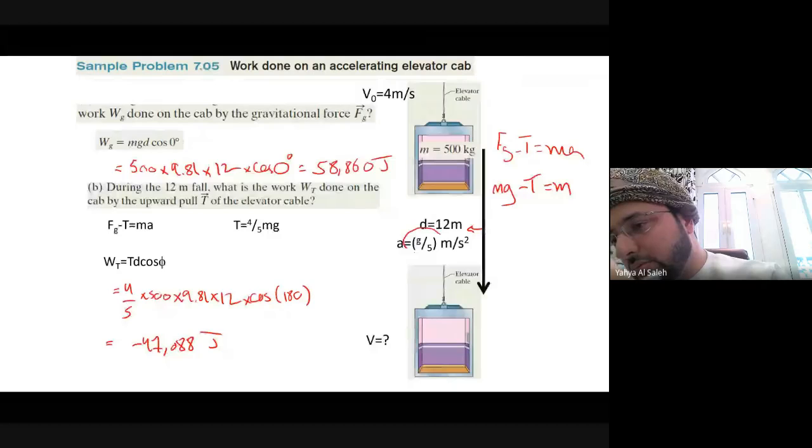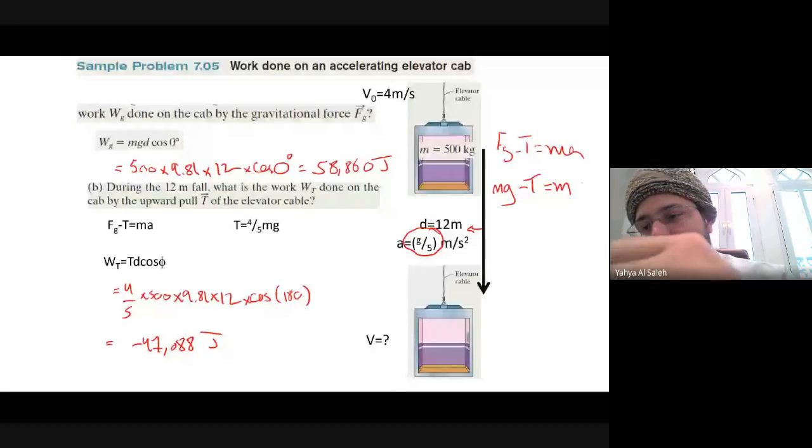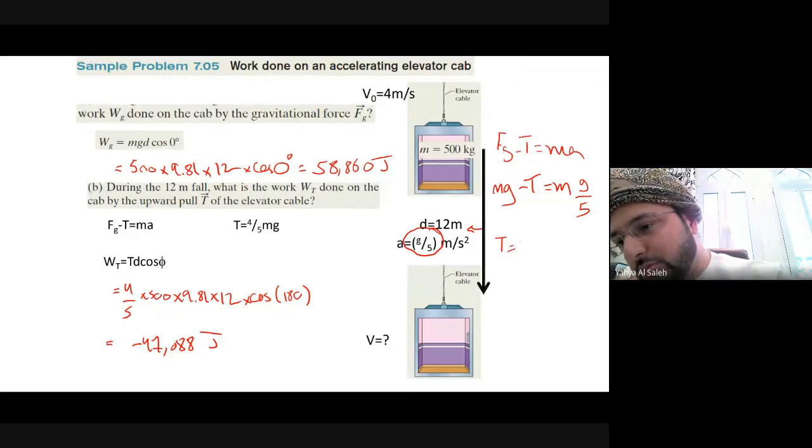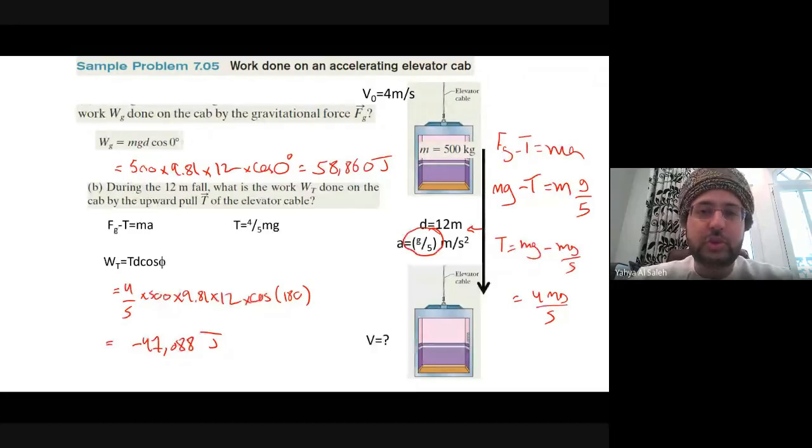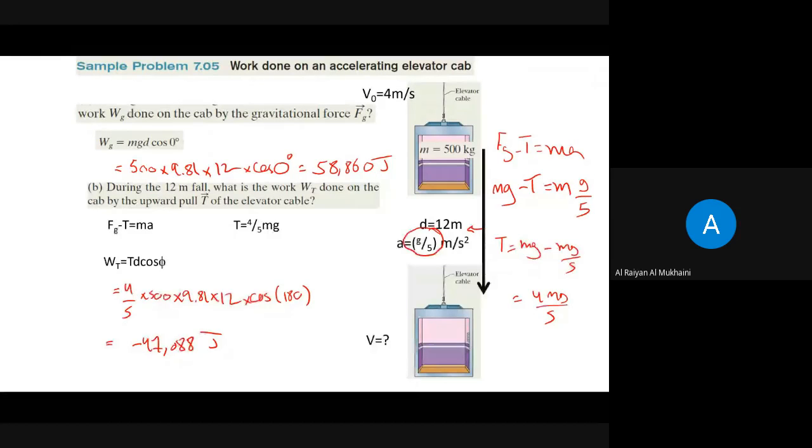So T is equal to mg minus mg over 5, which is equal to 4 mg over 5. Just rearranging the equation. Okay, got it.